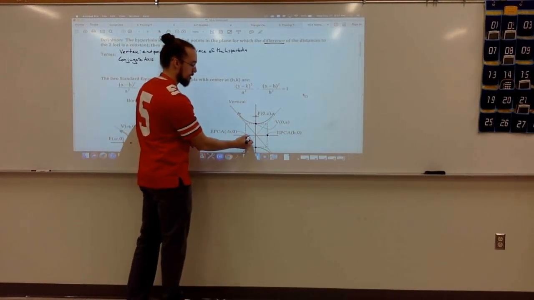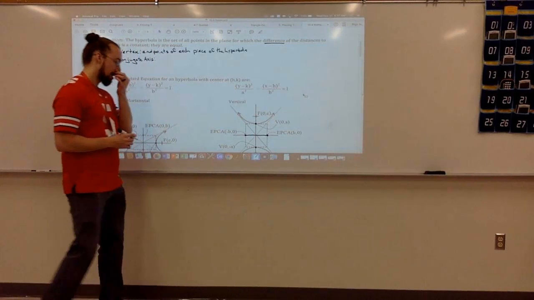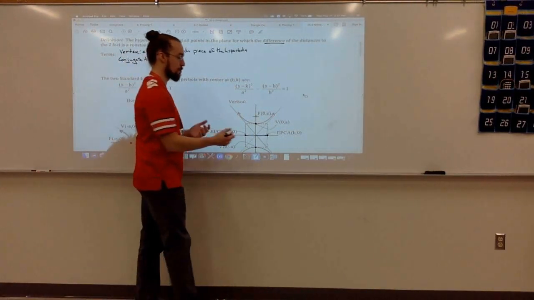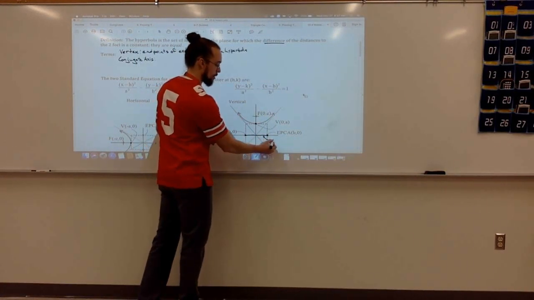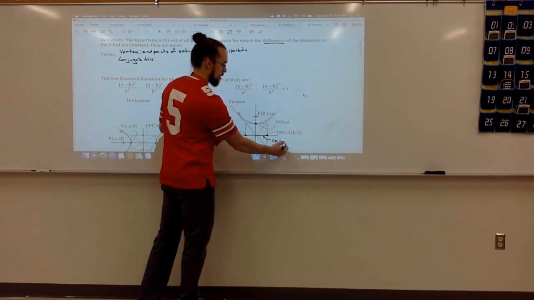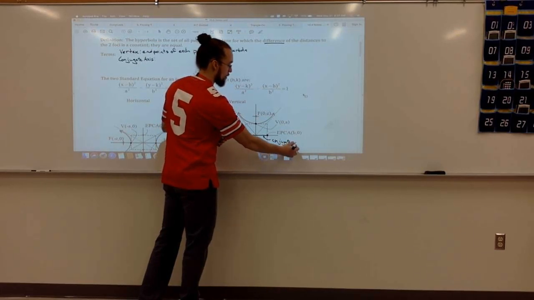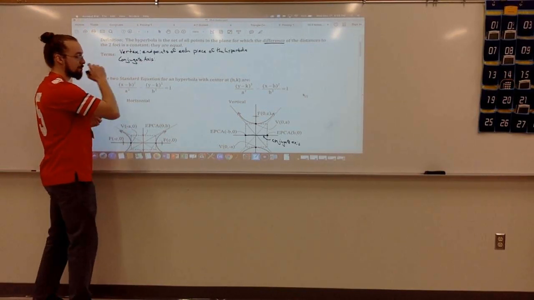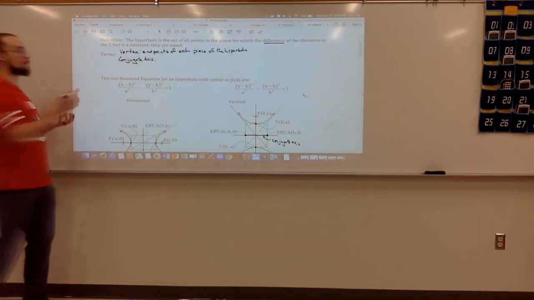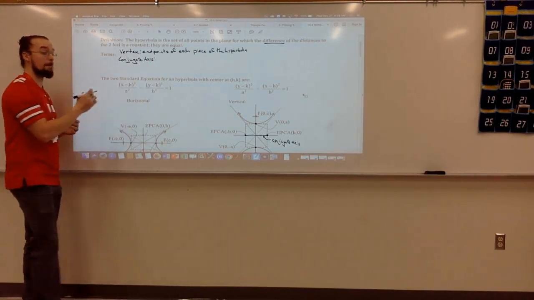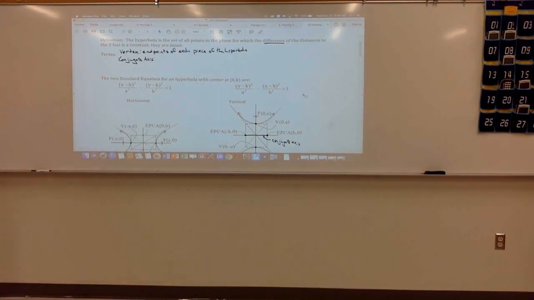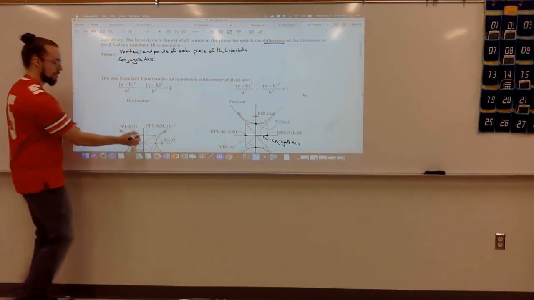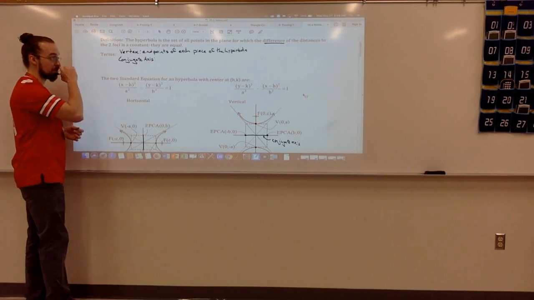But the conjugate axis is the shorter of the two axes through this box. If we want to label them down here, this is the conjugate axis. It is essentially like a minor axis when we talked about an ellipse. The conjugate axis is the same idea as the minor axis for an ellipse.